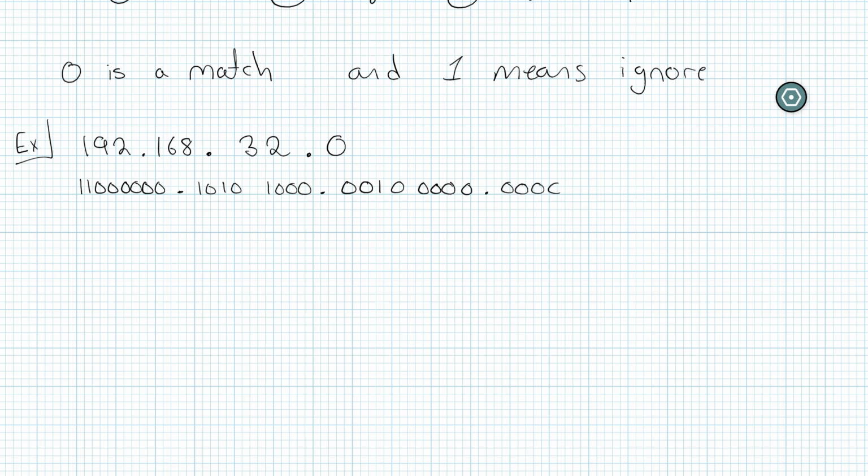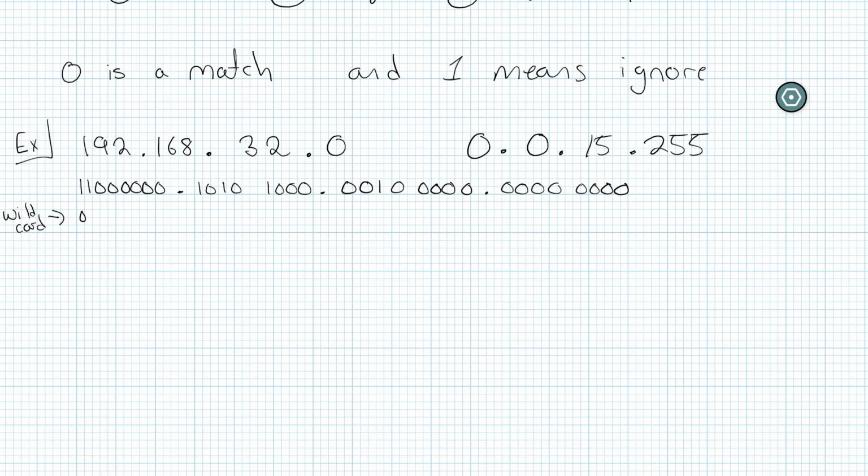And then zeros is all zeros. So that one's nice and easy. So let's say our wildcard mask was 0.0.15.255.